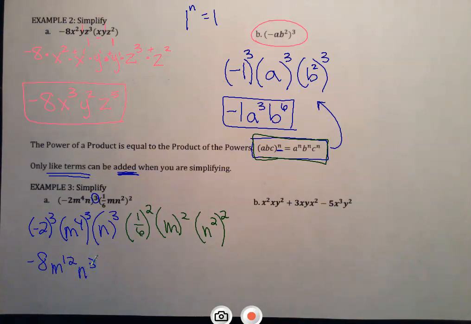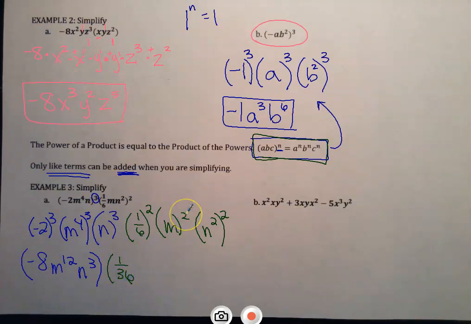N to the 3rd. Okay, so I'm going to put my parentheses around this because we haven't actually done any multiplication yet. We're just in the process here. How about the next one? 1/6 squared. Can anybody do that one for me? I don't want to put you on the spot. It's 1/36. Okay, so this is 1/36.